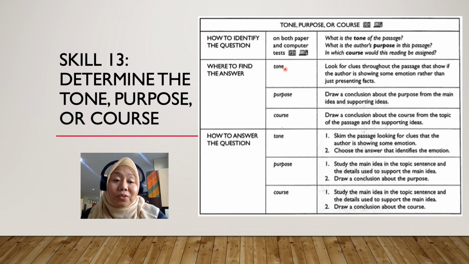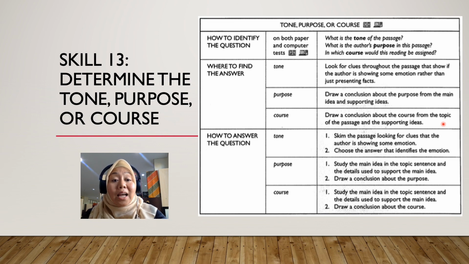That's for the tone. And for the purpose, draw a conclusion about the purpose from the main idea and supporting ideas. What is the purpose of the writer in writing this passage? And then the course, of course, you need to draw a conclusion about the course based on the topic of the passage and the supporting ideas.